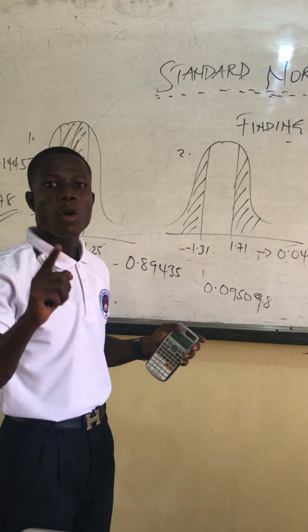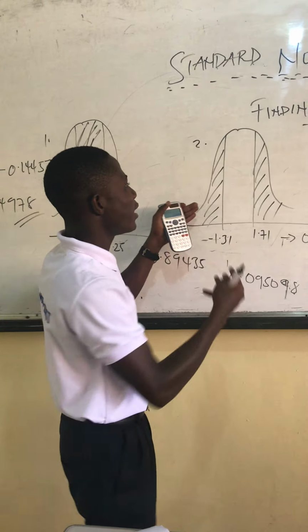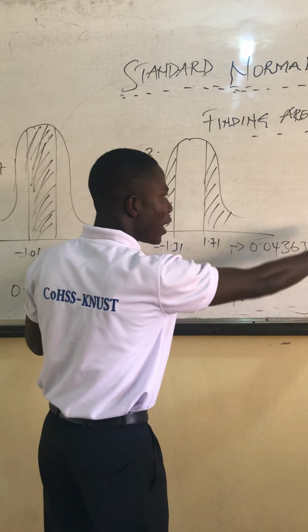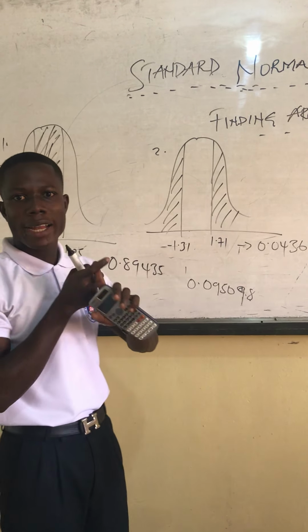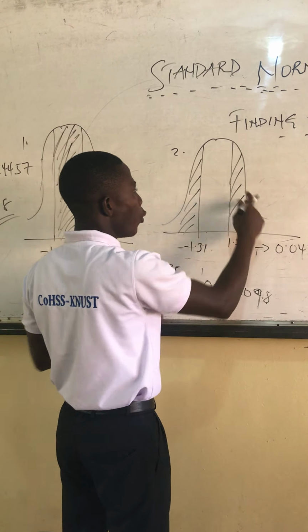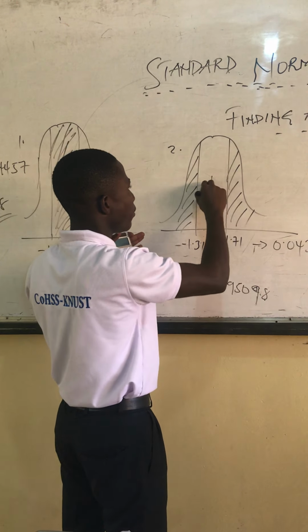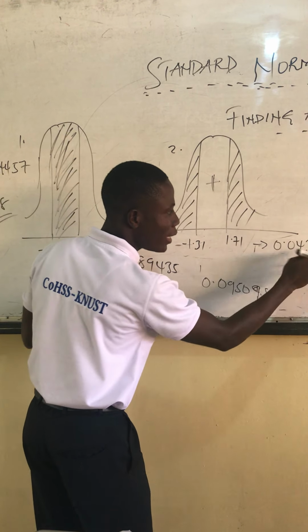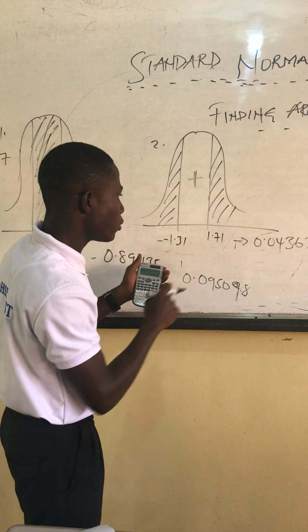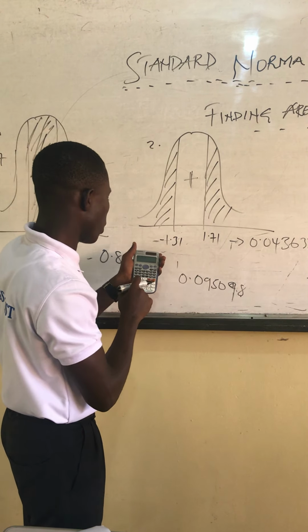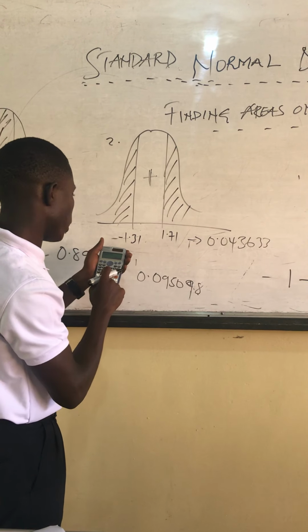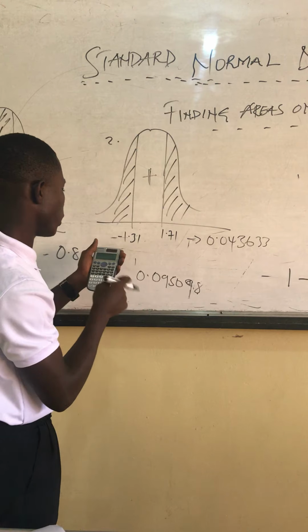So note, whenever you are given a distribution whereby the sides are shaded, when you find this side and you find that side, we add them. So whenever we have two shaded sides, we add them. Here you add this one to this one, plus 0.043633.